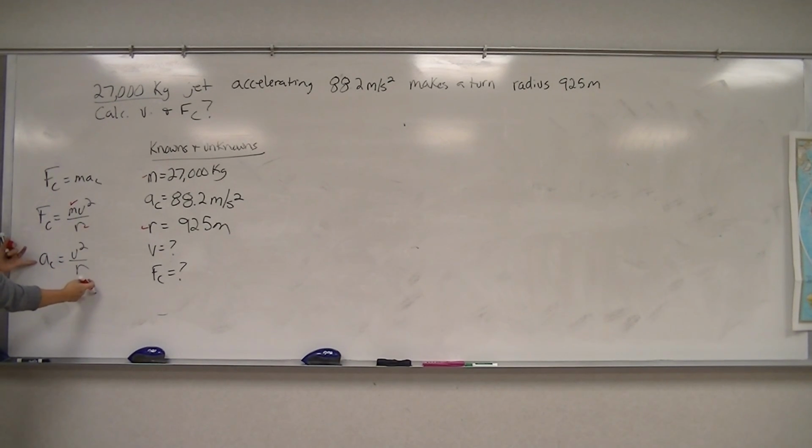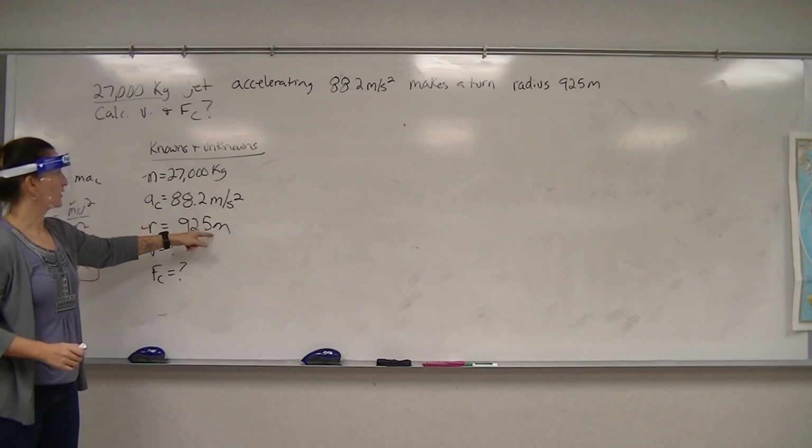Looking down here, centripetal acceleration, yes, I have that. Velocity, that's what I'm trying to solve for. Radius, yes. So you just kind of go through and see which one can I use. And this is the only one that works because it's the only one that has one unknown, that being velocity. So I'm going to take this equation and rearrange it. Before I do that, let's just double check our units.